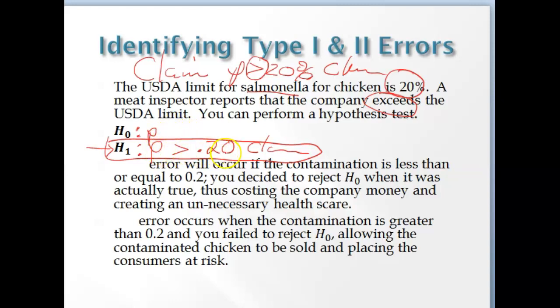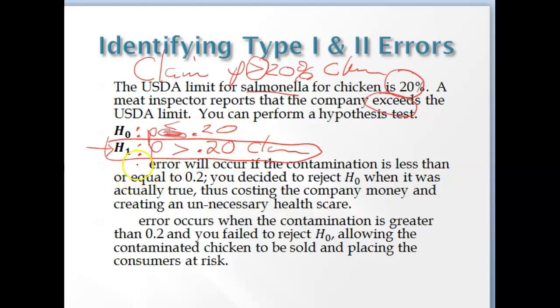Once you identify the claim, to write the other hypothesis, you simply take the complement of that. So if P is greater than 0.20, the complement would be P is less than or equal to 0.20. And remember that the null hypothesis always has to contain a condition of equality.